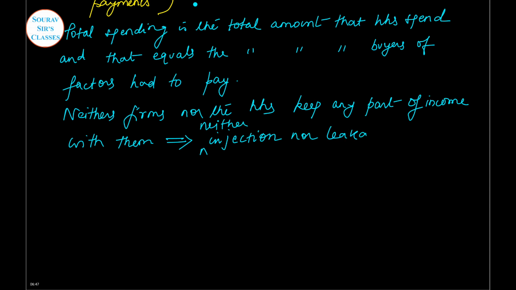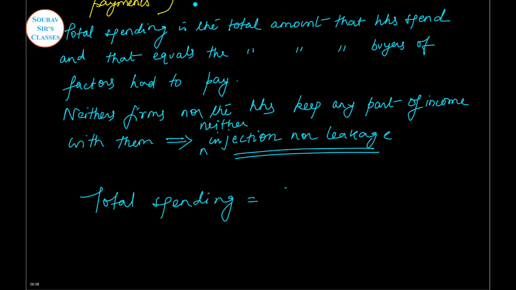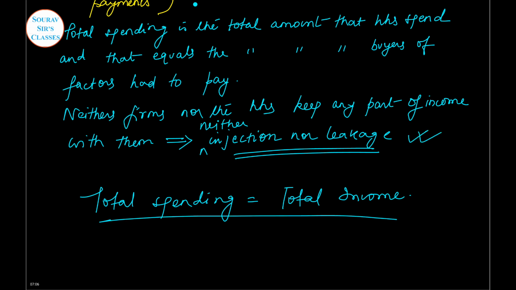Okay, and if this assumption is maintained, then total spending will be equal to total income. Always. In case of circular flow of income, if this is maintained.